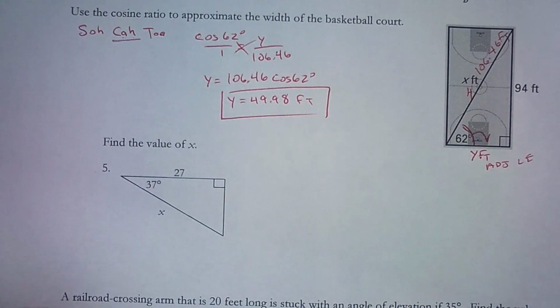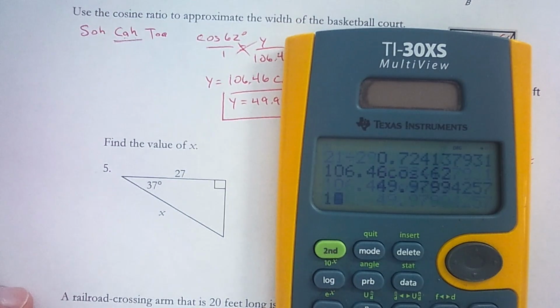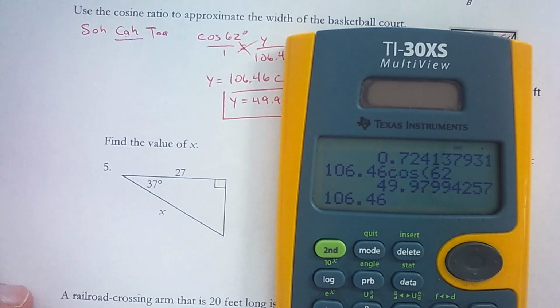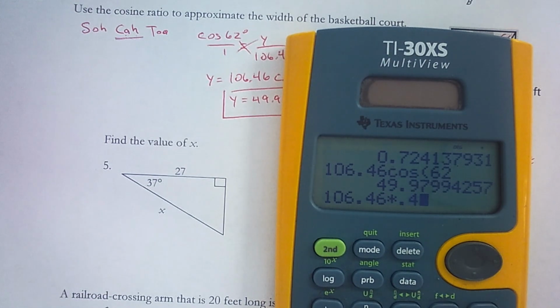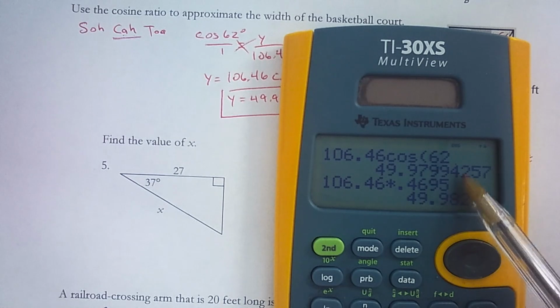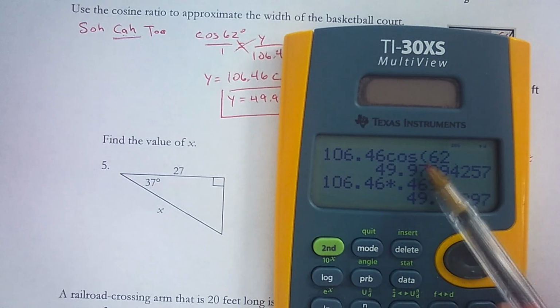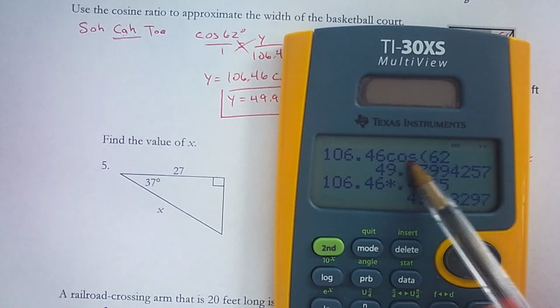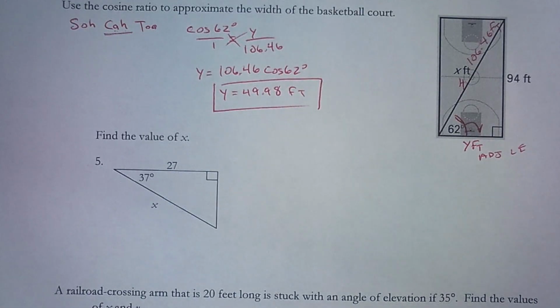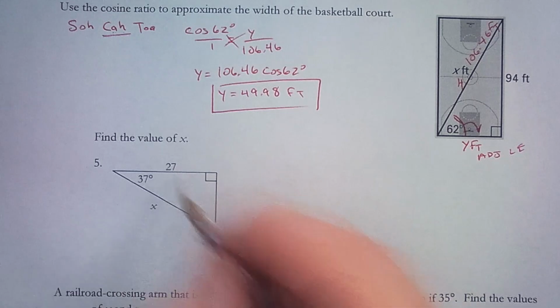So if I use 0.4695, I've got 106.46 times 0.4695, and I get 49.98. Now these aren't exactly the same, but they're extremely close. The one that I used cosine in the calculator for is a little bit more precise, but they're both very close to each other.